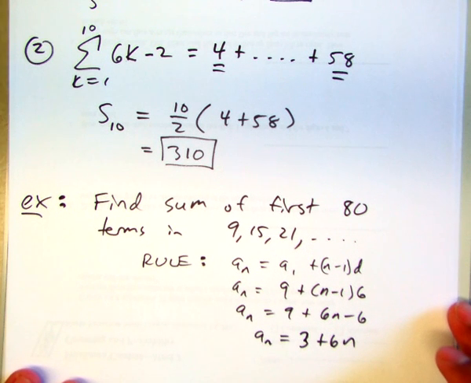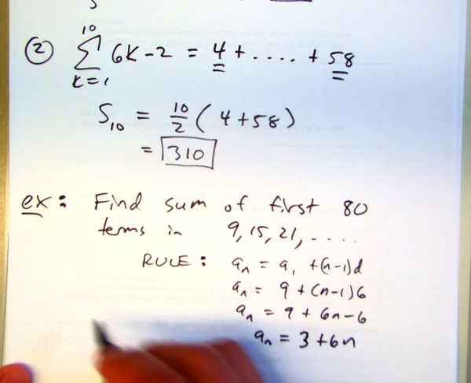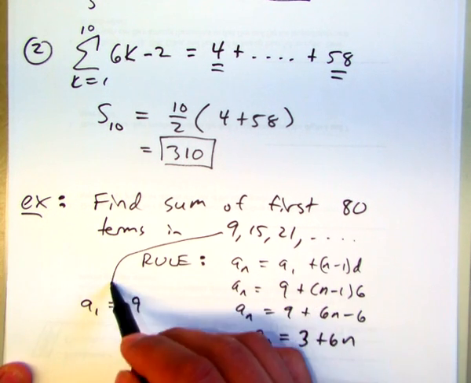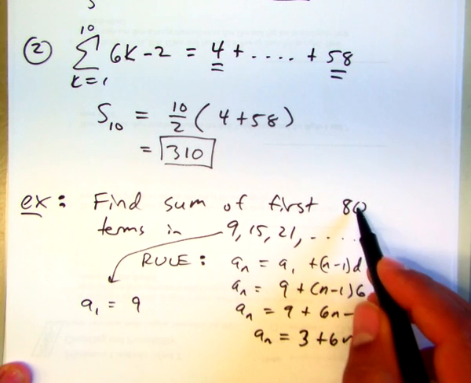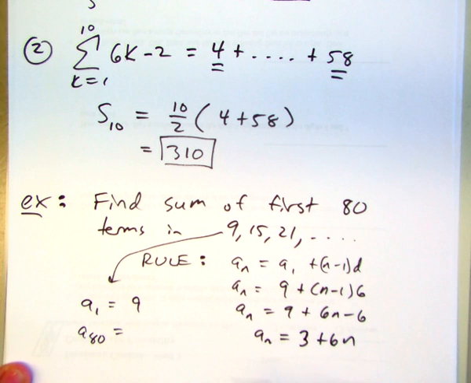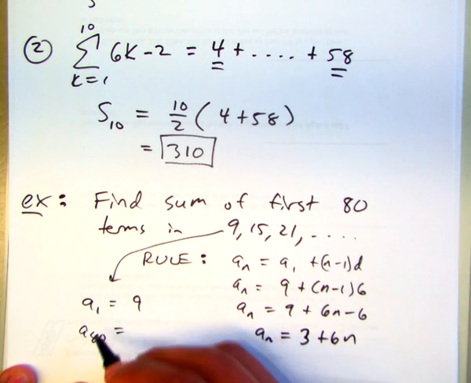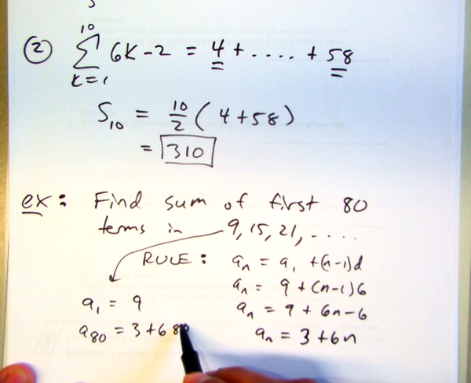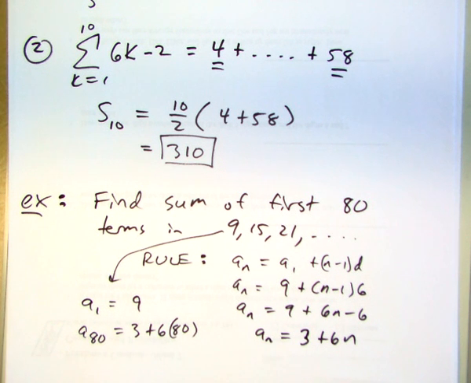So, almost done. I know my first term is 9. I already have that. And the last term is going to be the 80th term. And now that I have my rule, I can go ahead and plug in 80. So it'll be 3 plus 6 times 80. So that's going to be 483.